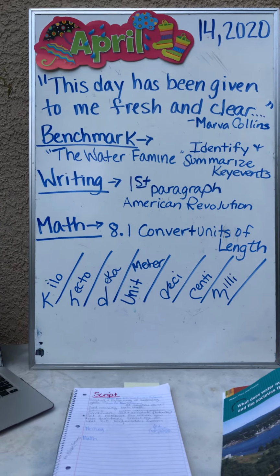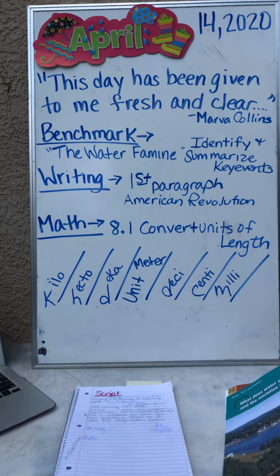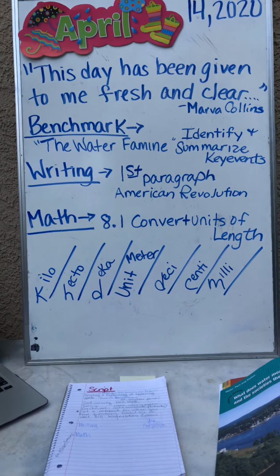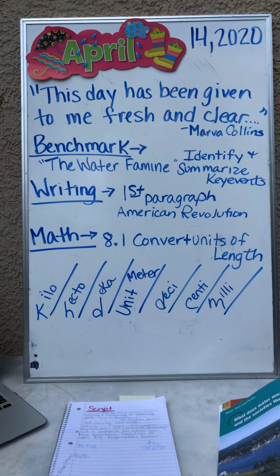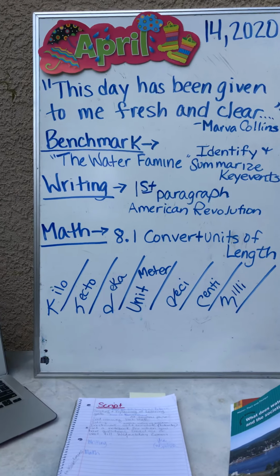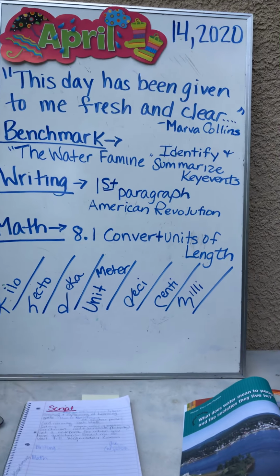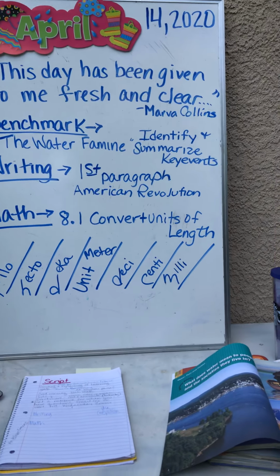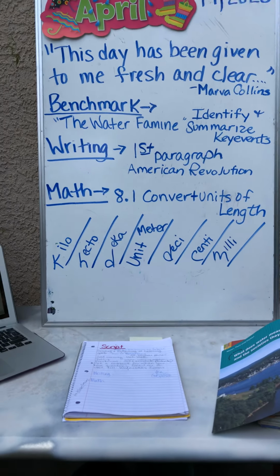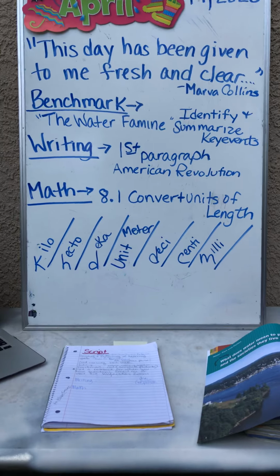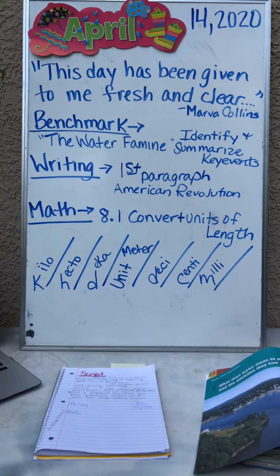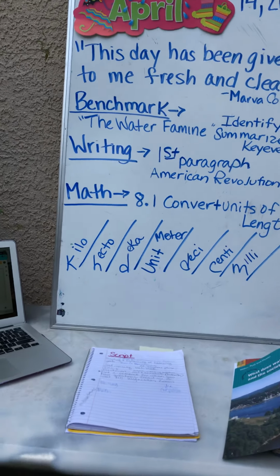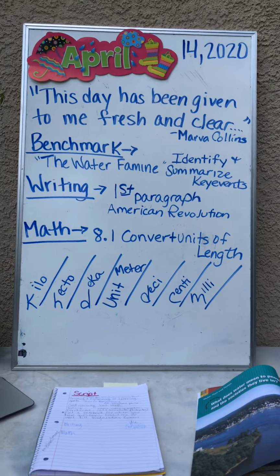It gives you a graphic organizer for summarizing the key events: put the key events and then you do a summary. If you want to copy that, you can. I recommend having some kind of notebook, and you don't need to have it for every subject, because you have your writing notebook, so you could use it for both the math and the reading. So that's what you're going to work on today. You're going to read water famine, and you're going to find the key events and then summarize those.